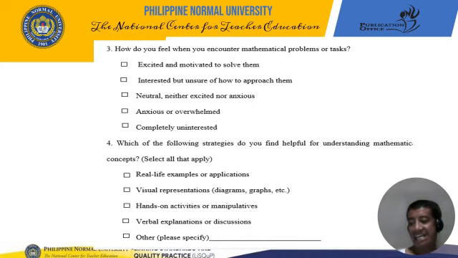For number 4, which of the following strategies do you find helpful for understanding mathematics concepts? Select all that apply.